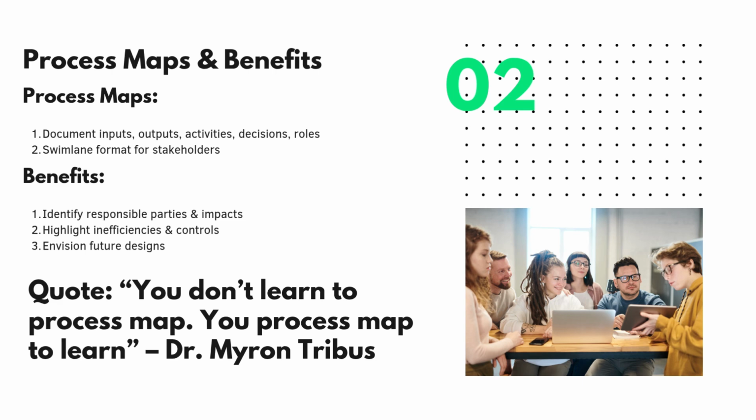As Dr. Myron Tribus aptly said, "You don't learn to process map, you process map to learn," meaning the act of mapping reveals insights you'd miss otherwise. This hands-on approach is what makes it so valuable, and we'll explore how to create these maps next.